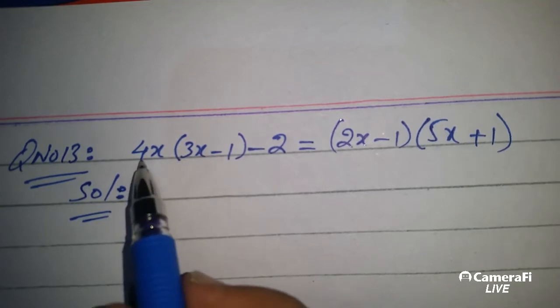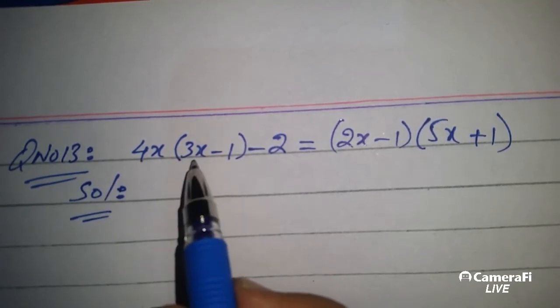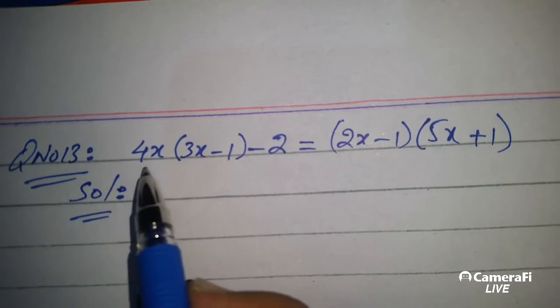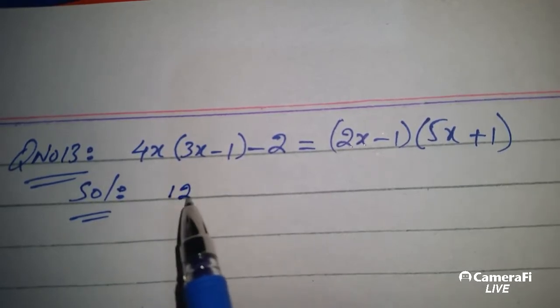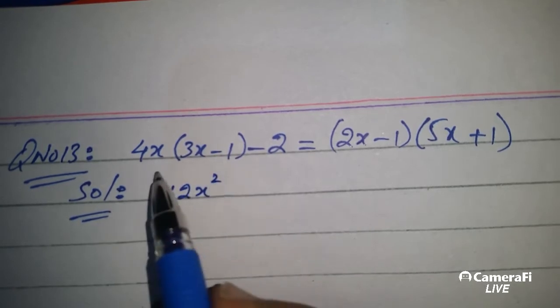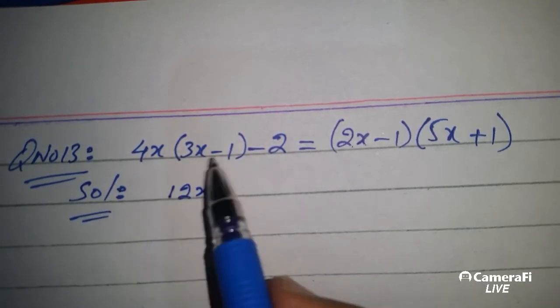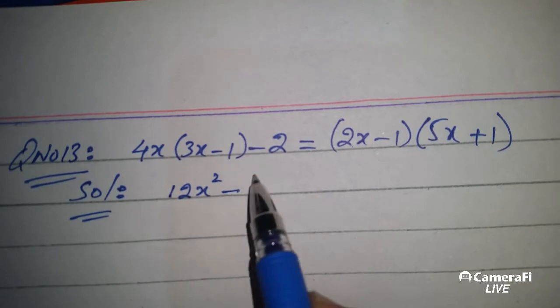Multiply 4x by 3x. When I multiply 4x by 3x, I get 12x square. When I multiply 4x by 1, I get 4x.